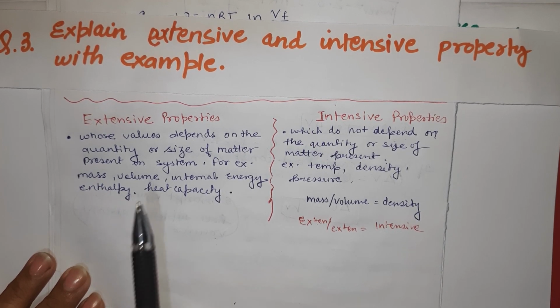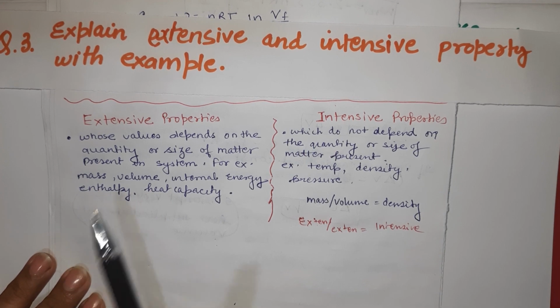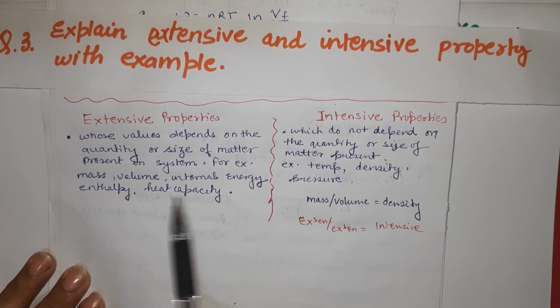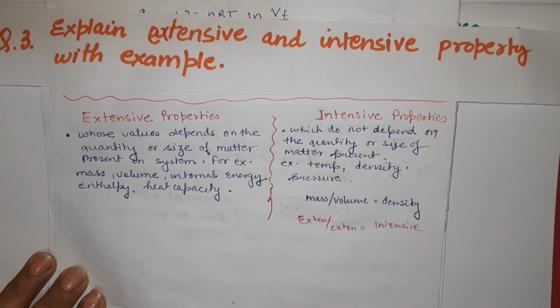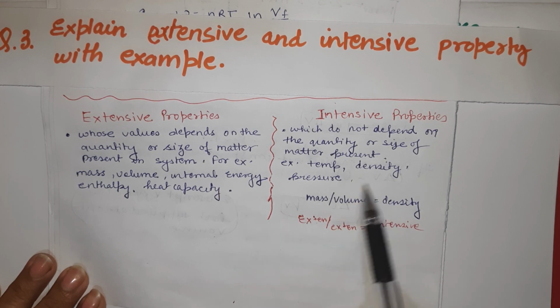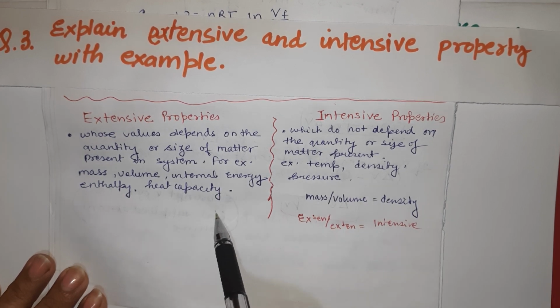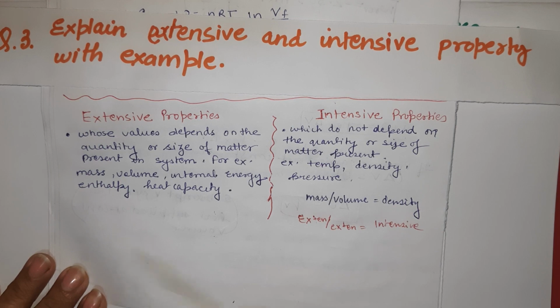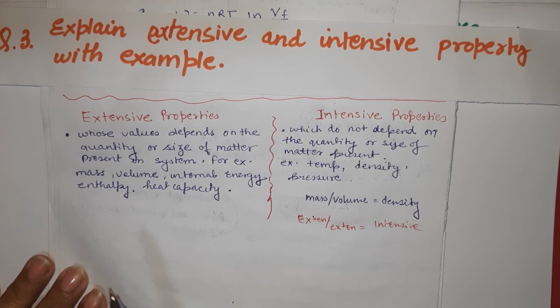You have to learn the examples very carefully, so that no mismatch should be there. You have to be very clear that you are not writing an intensive property example in the extensive property. So do learn one or two properties, but very carefully.